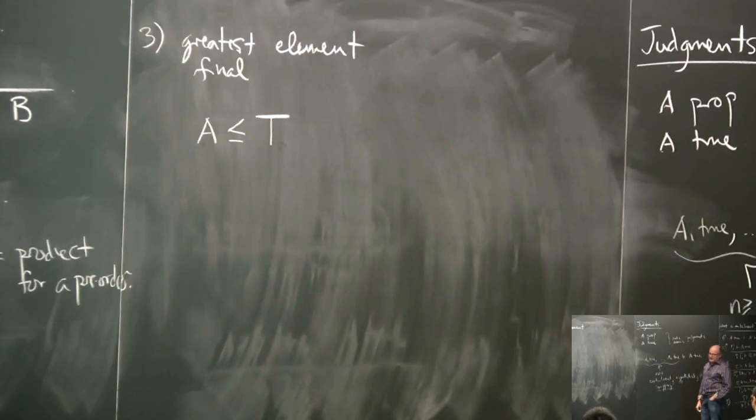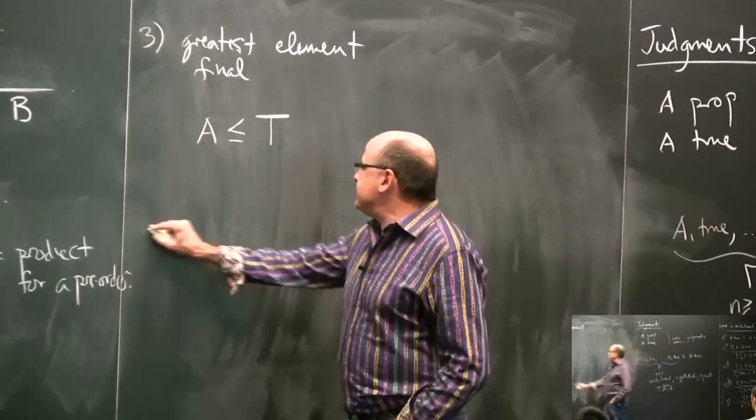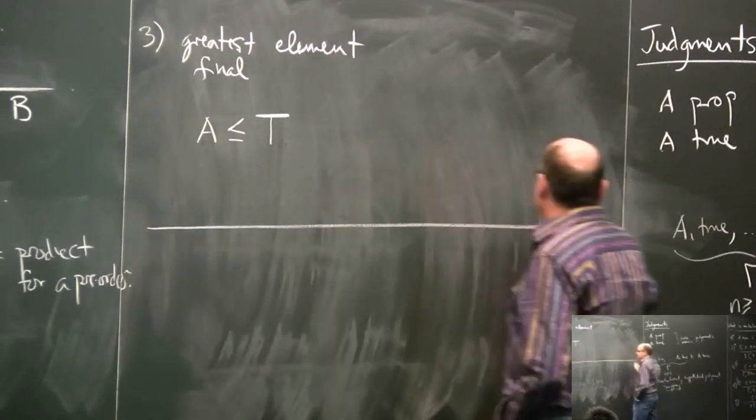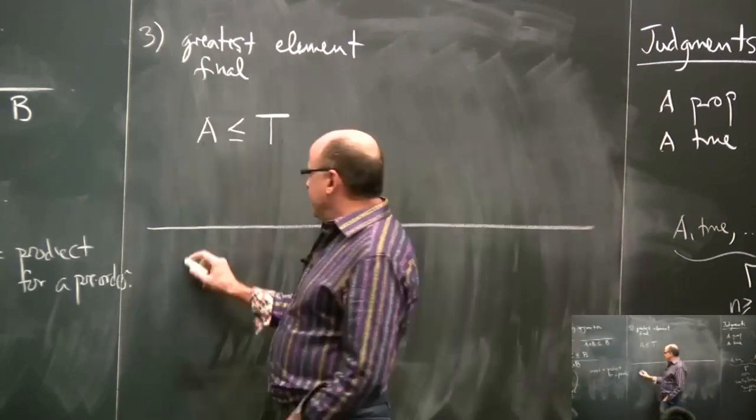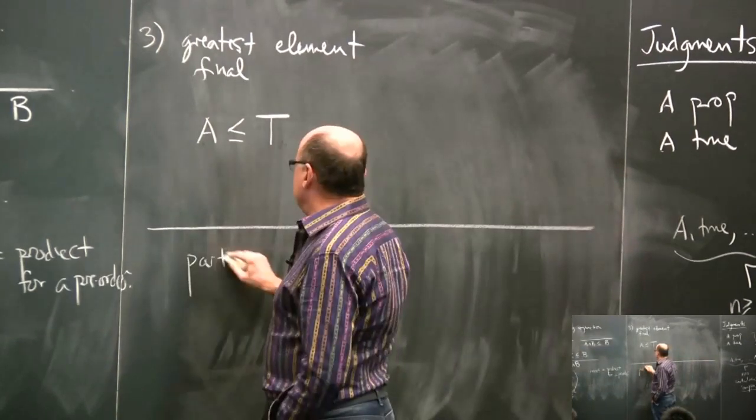Now comes a little technical unpleasantness. Maybe I'm lying according to your definition of a semilattice. Sometimes people insist that semilattices be not preorders but partial orders. Let's get this over with. What do you mean by partial order?